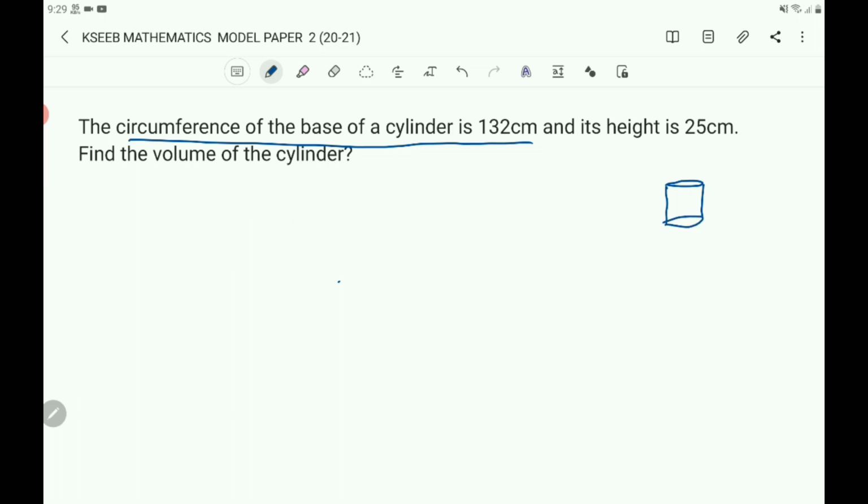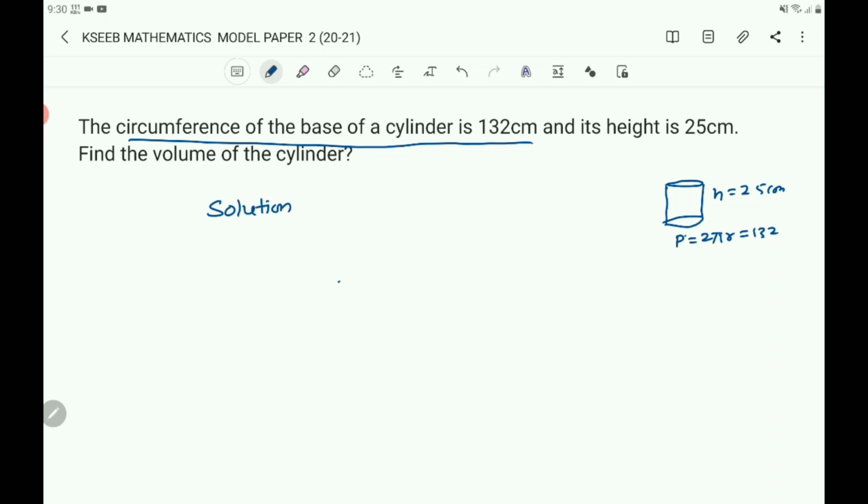Then what is given here? The circumference of a circular base is given, that is P equals 2 pi r equals 132. Then the height is given, h equals 25 centimeter.